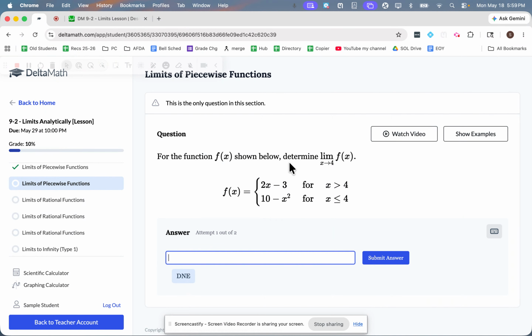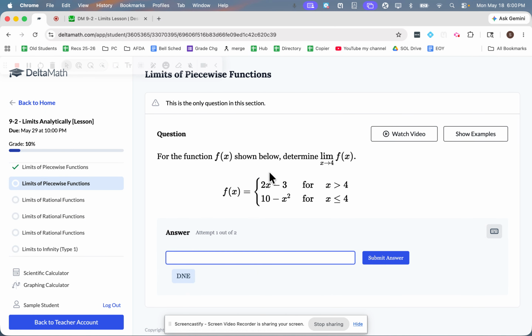Okay, so for this piecewise function, you're asked to determine the limit as x goes to 4 from both sides. There's no positive or negative symbol. So this is a function where at x equals 4, to the left of it, it looks like this, and to the right of it, it looks like this.